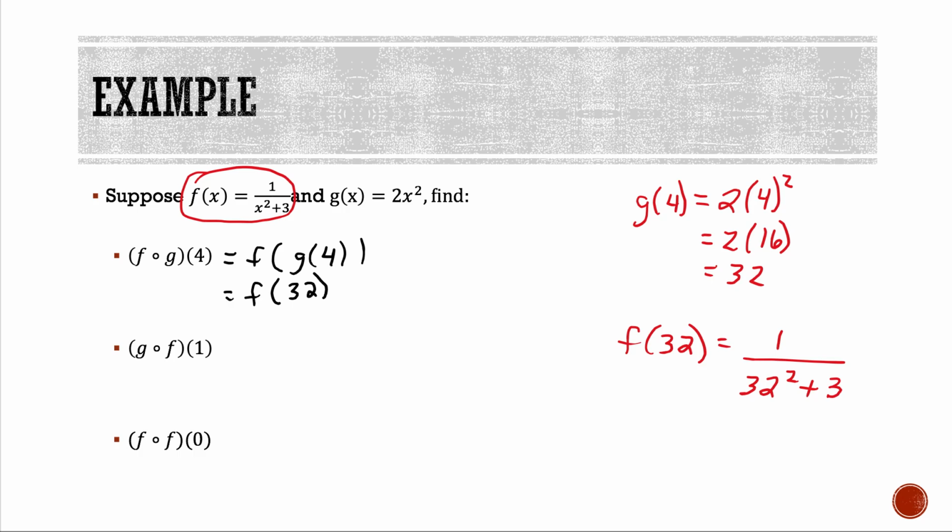All right, so I'm going to use my calculator on the bottom. 32 squared is 1,024. And plus 3 is going to be 1,027. So my final answer here is going to be 1 over 1,027.